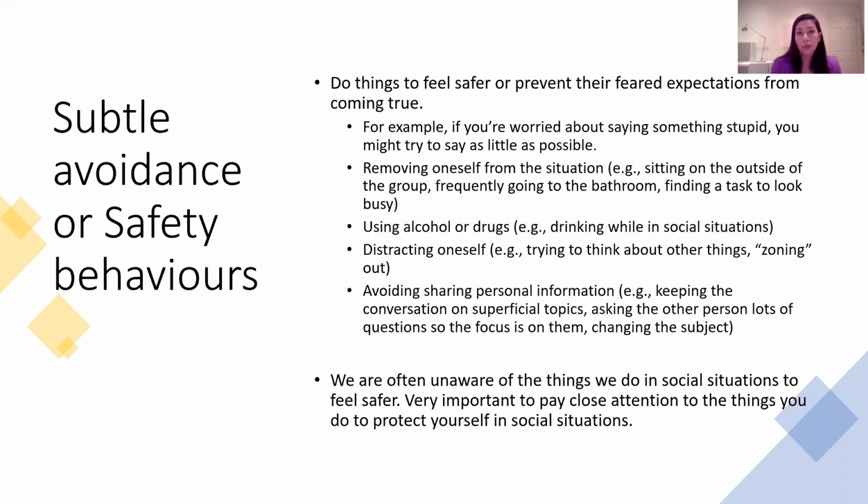For example, if you're worried that you would say something stupid, you might try to say as little as possible, or you might remove yourself from the situation, like at a party, going to the bathroom more frequently, or finding a task that will keep you busy, using alcohol or drugs while in social situations, distracting yourself, or avoiding sharing personal information.